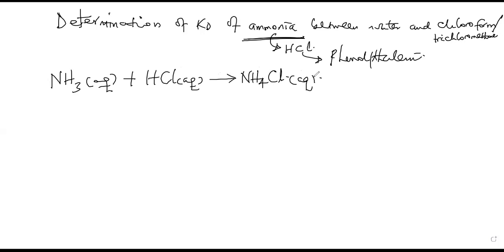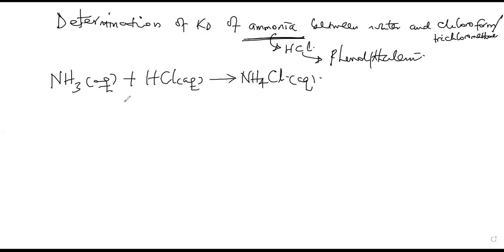After separating the two layers, a fixed volume of the organic layer is pipetted and titrated against the standard solution of hydrochloric acid using phenolphthalein indicator. Having known the volume of the standard hydrochloric acid used, we can get the concentration of ammonia in the organic layer, and the remaining concentration in the aqueous layer can be obtained by subtraction.